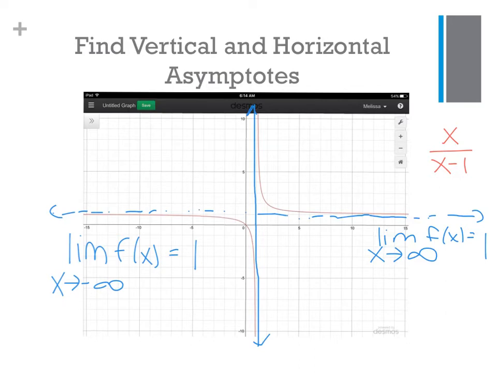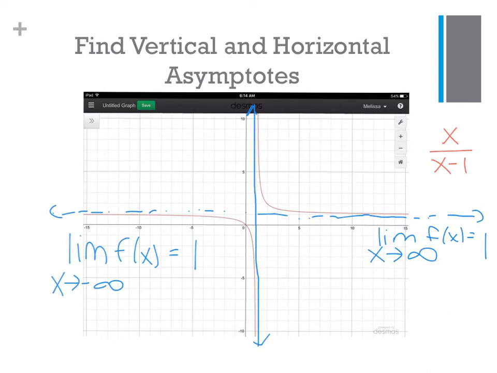Now, I could confirm this with a table of values, but if I just trace this piece of the function and I'm going all the way towards negative infinity, then our y coordinate is approaching 1. Same thing on the right side. If we approach positive infinity here, then our graph is flattening out and you can see that it is approaching a y value of positive 1.